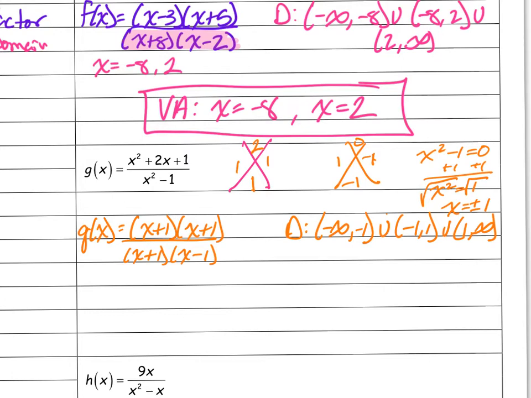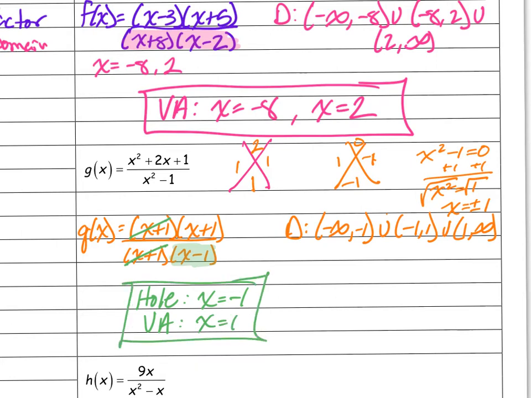And then let's see, oh, I can cancel out that one. So that means I have a hole at x equals -1, and I have a vertical asymptote at x equals +1, right?